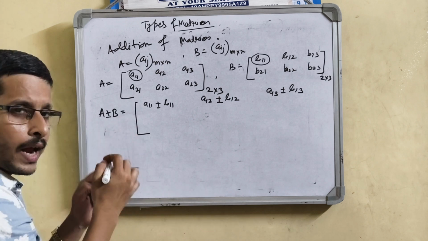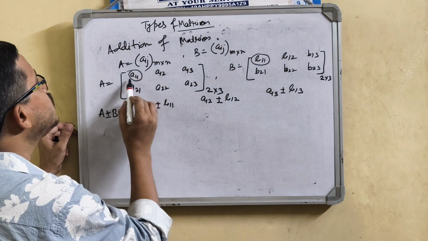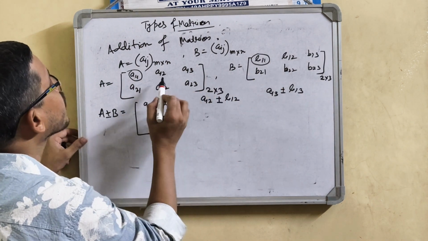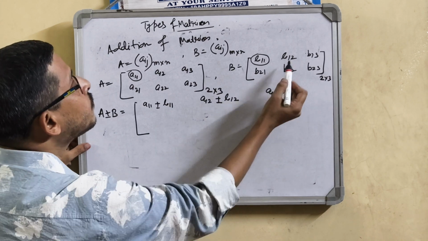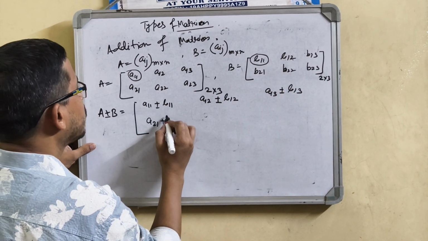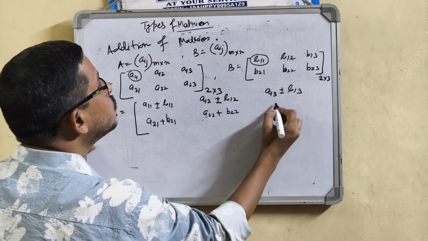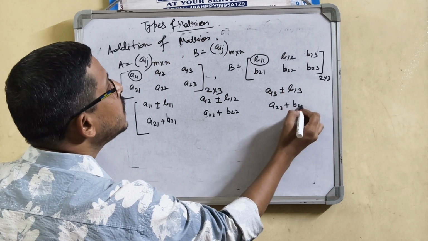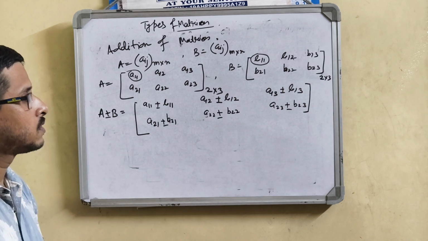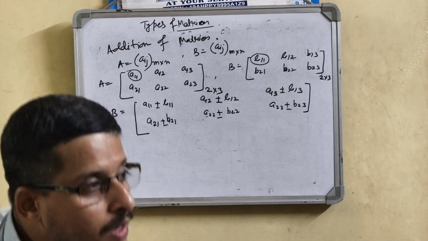We add or subtract according to our need by position: first row first column with first row first column, first row second column with first row second column, like that. A21 plus or minus B21, A22 plus or minus B22, A23 plus or minus B23. This will be our working rule to calculate the plus or minus.